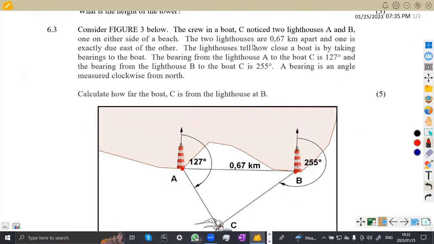The 2 lighthouses are 0.7 apart, and one is exactly due east of the other, which means this line that we see is a vertical line.